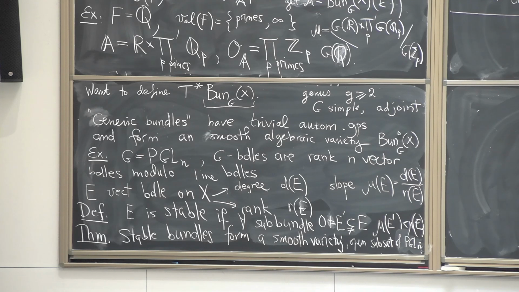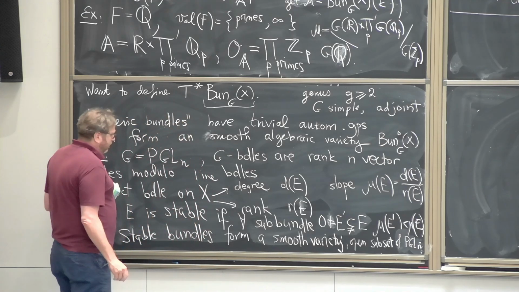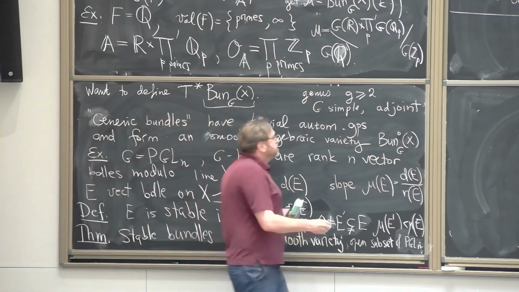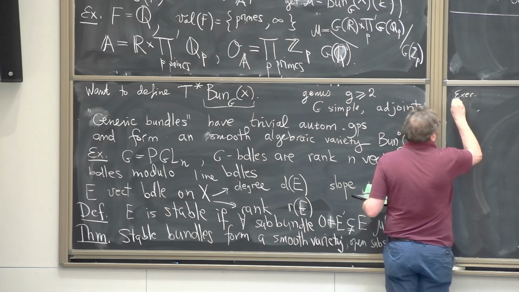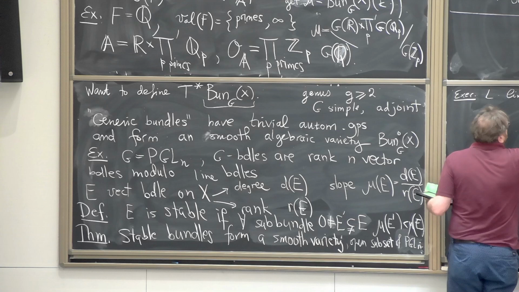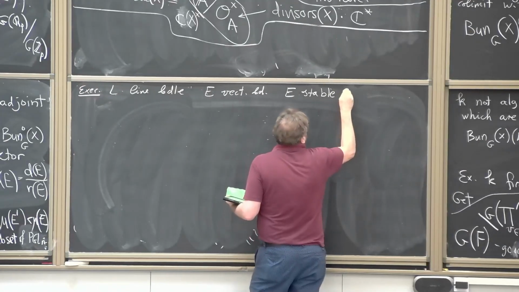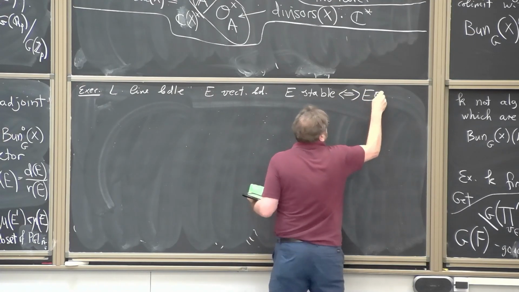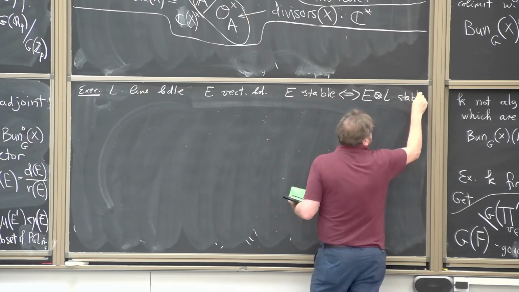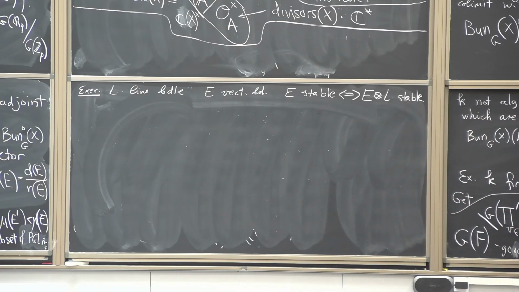But if we choose a vector bundle, so it's an exercise: if L is a line bundle and E is a vector bundle, then E is stable if and only if E tensor L is stable. And this means that while this degree is not defined, the notion of stability is defined.